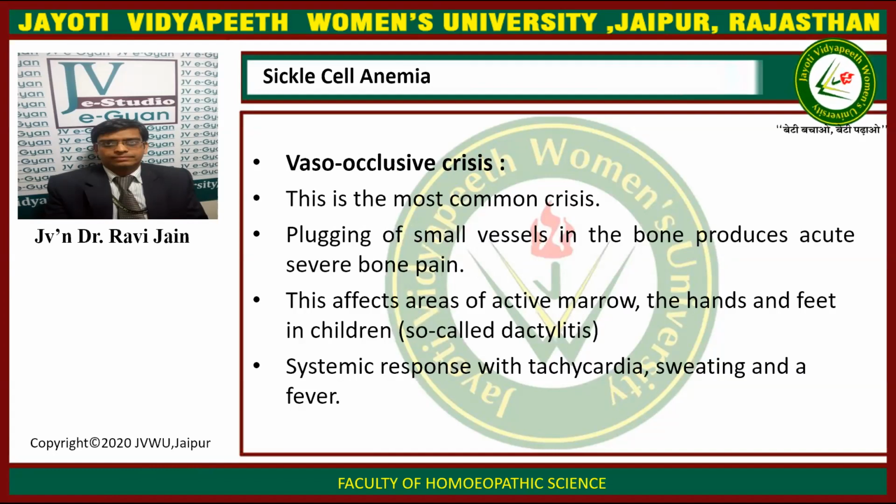The vaso-occlusive crisis is the most common crisis, with plugging of small vessels in the bone that produces acute severe bone pains. This affects the areas of active bone marrow, and the hands and feet in children, so it is called dactylitis. There is a systemic response with tachycardia, sweating, and fever.